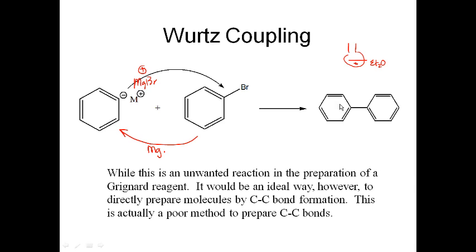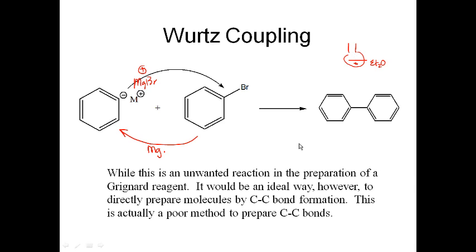So in general, we try to drip the alkyl halide in very slowly so that it immediately reacts with the magnesium, and we don't get a large amount of coupling product. So depending on how you do your Grignard reaction, you usually drip the alkyl halide in very slowly.